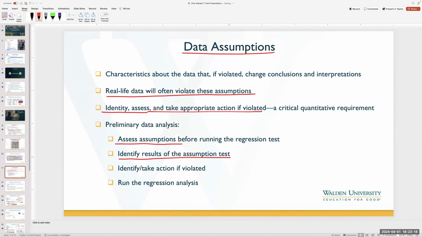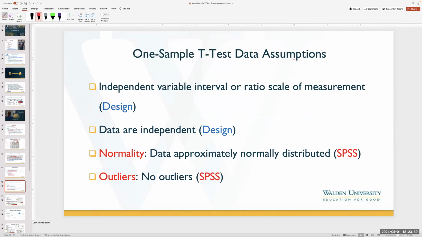If the data violated those assumptions, we don't just press on. We identify that they were violated, and you tell us what actions you took. After you take those actions, you simply then run the test, and you'll get the results of your one sample t-test.